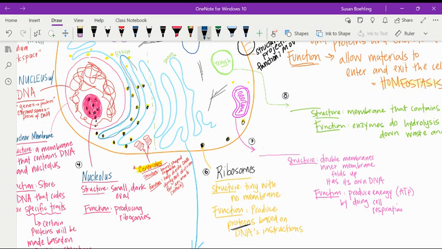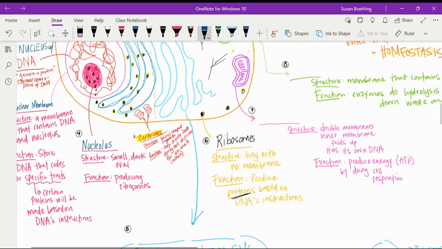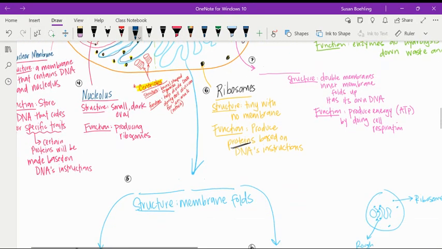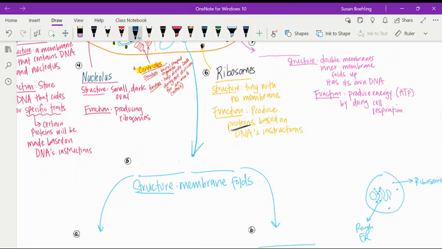This represents a folded up membrane. I like to think of it as being like lasagna, the way it looks from the side. But all of this folded up membrane is called endoplasmic reticulum. That's a big word. Endo meaning within the plasm. So endo means within.